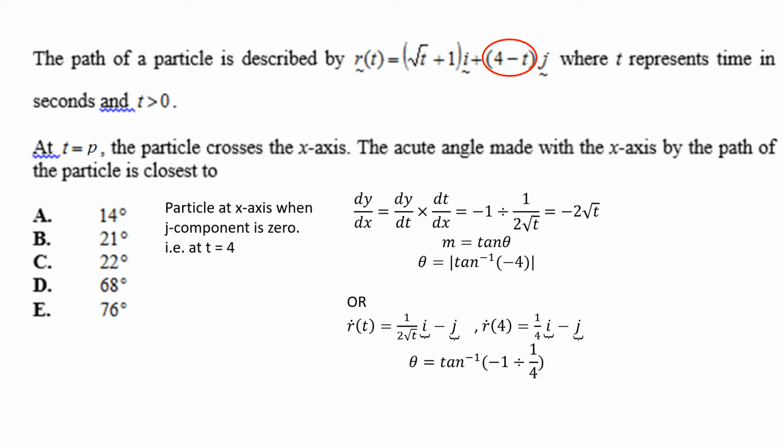Our i component has a value of 1/4, rise over run, leading to the same endpoint. The angle at which it is crossing the x-axis from the positive side will be the inverse tan of minus 4, but of course we just need to take the supplement of that, and it turns out to be 76 degrees.